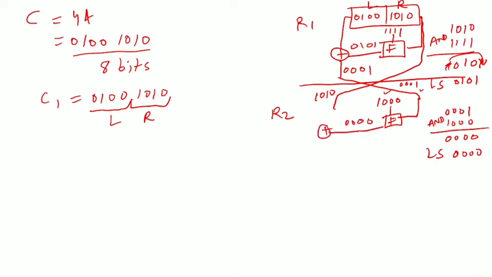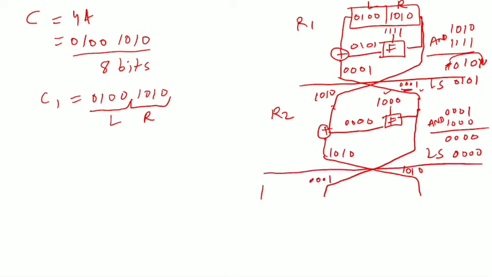So we can have all zeros here. Now this one XORed with the left half will give us 1, 0, 1, 0. Again, we do a swapping. Right, 1, 0, 1, 0 will come here, and then the right half as is will come here. So the right half is this one, so 0, 0, 0, 1 will come here.